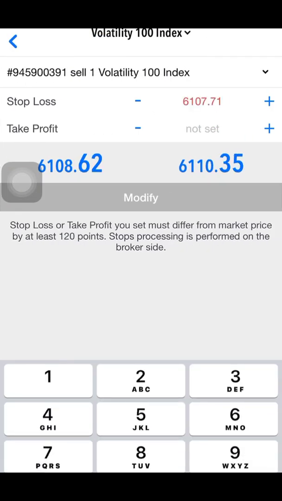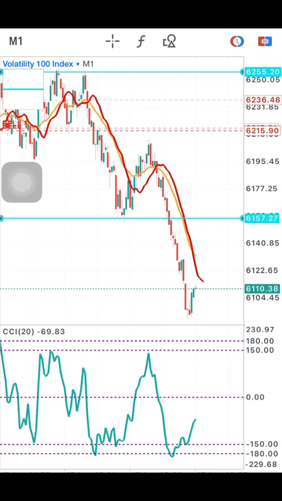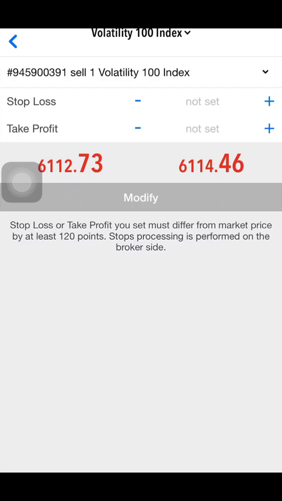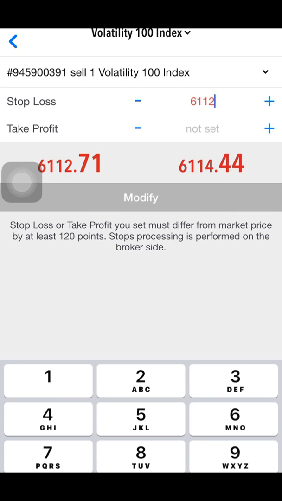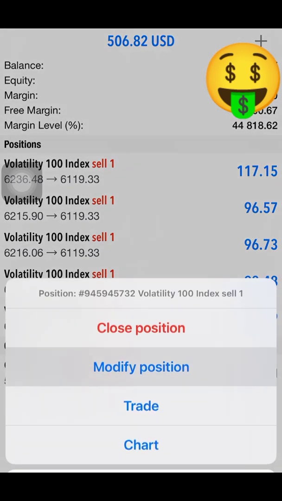Stop loss 61.57. Modify. Cool. Let's modify this third one.